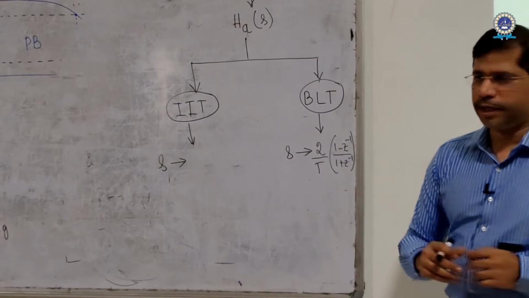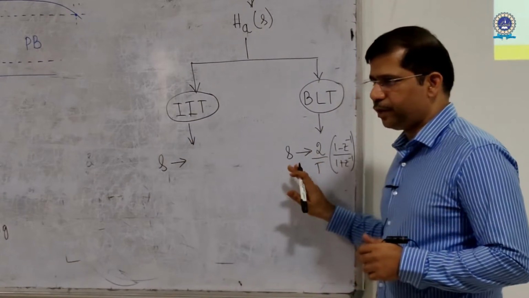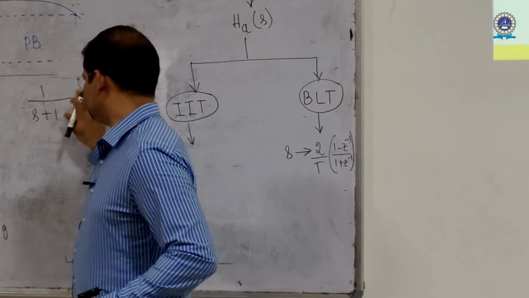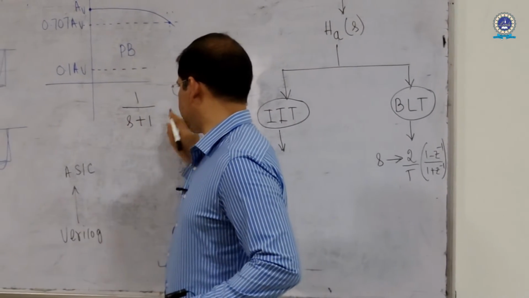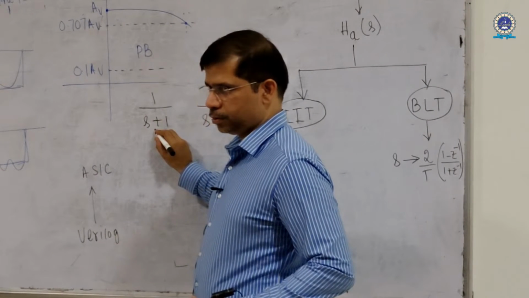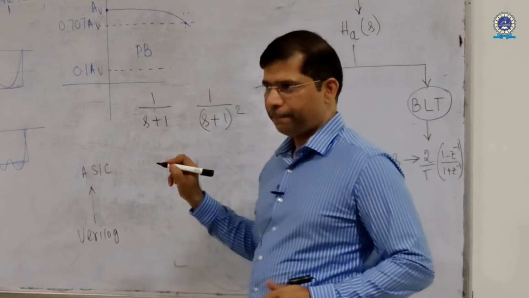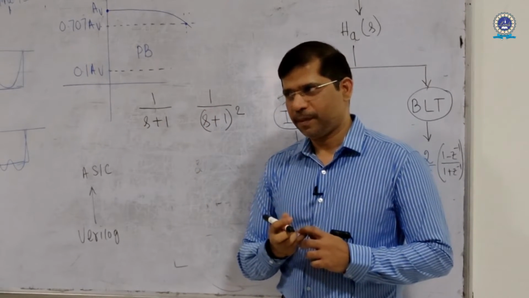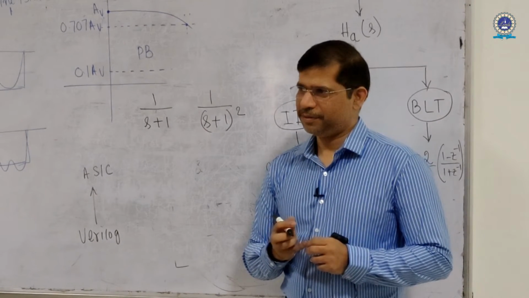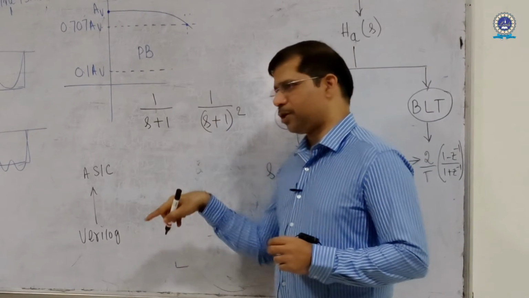Whereas in the impulse invariant technique, we need to look at this again. So 1 by (s plus 1) versus 1 by (s plus 1) whole square. Is it stable or unstable? Stable. 1 by (s plus 1) whole square, also stable. But both the poles are on the left side of the S plane.